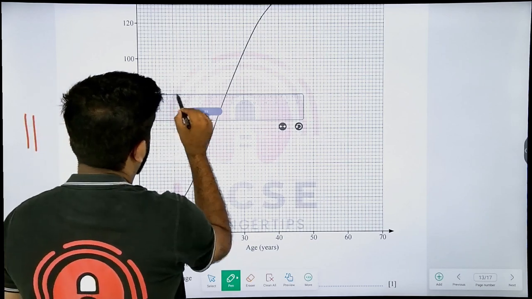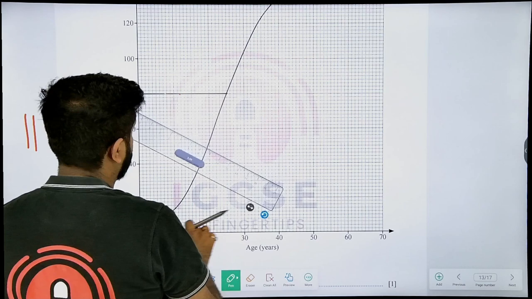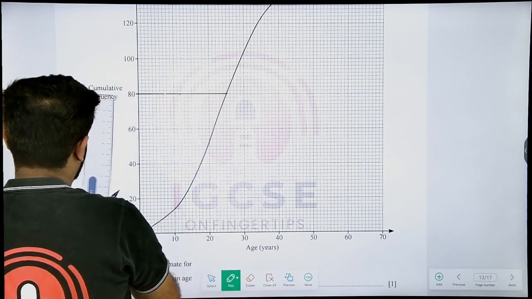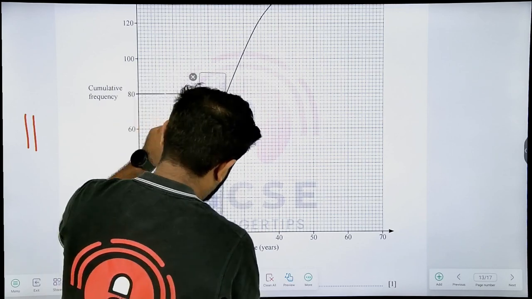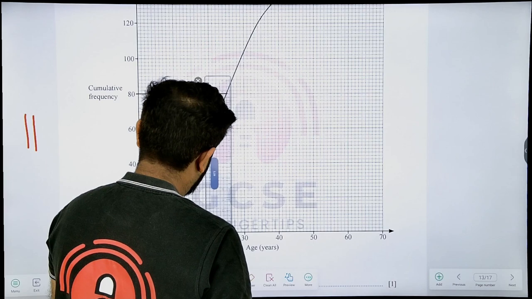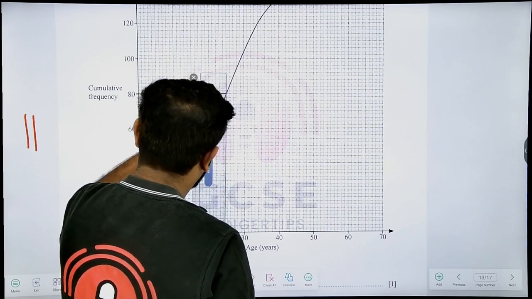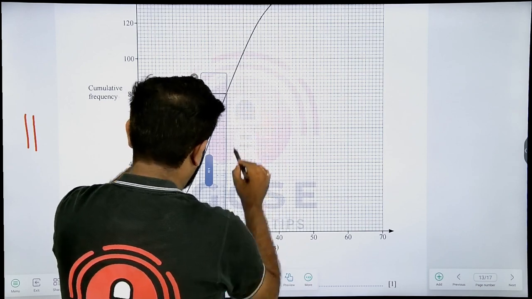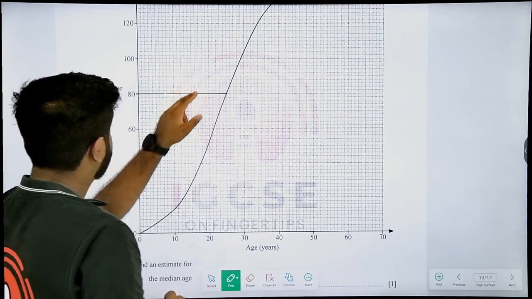So when your value is 80, I think I know that this is the point where my y is.